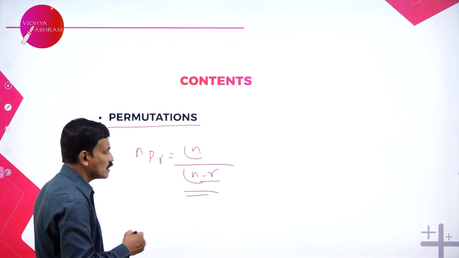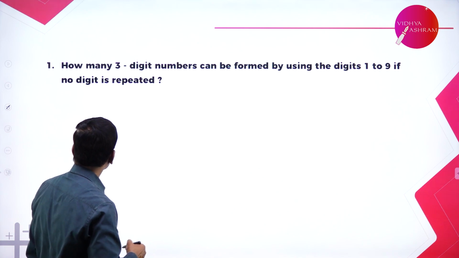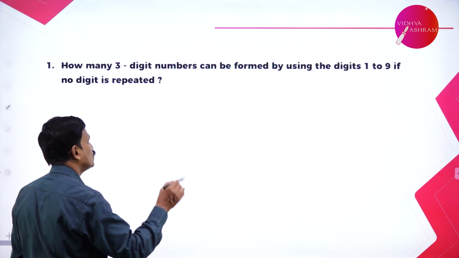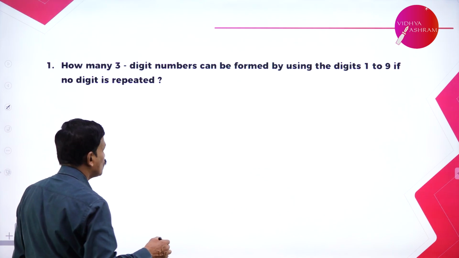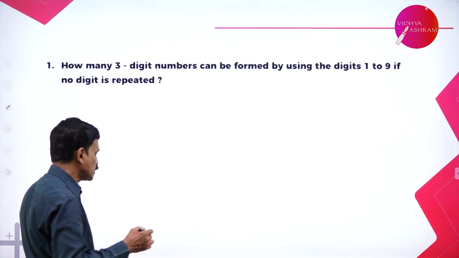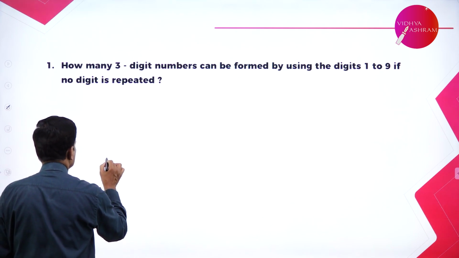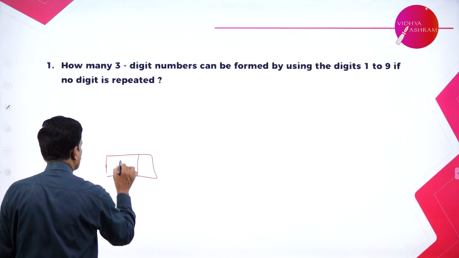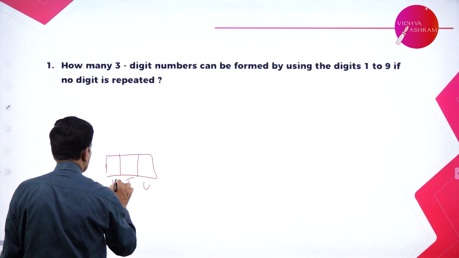Now, let us take a first problem. What is the first problem? How many 3-digit numbers can be formed using the digits 1 to 9 if no digit is repeated? So, we want to form a 3-digit number. This is a 3-digit number, unit, 10, 100.